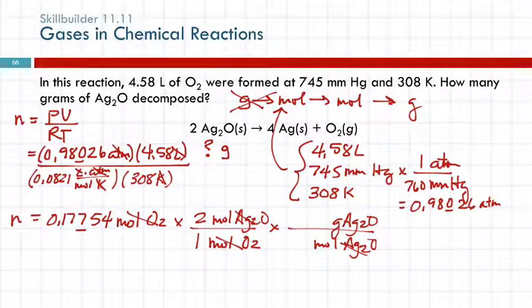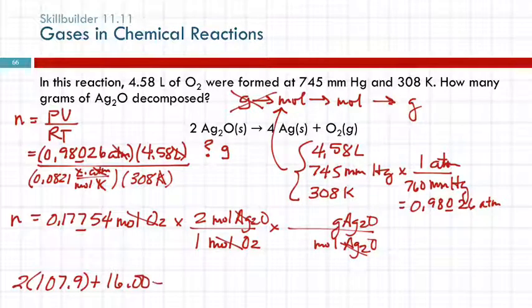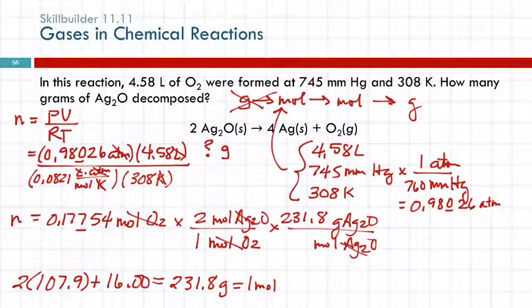Was it 109, 107? 107.9. Yeah, I just had the numbers mixed up. So 2 times 107.9 plus 16 is 231.8. That's grams equal to 1 mole for silver oxide. So 231.8 grams per mole.